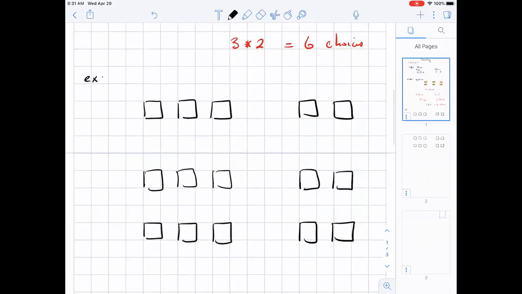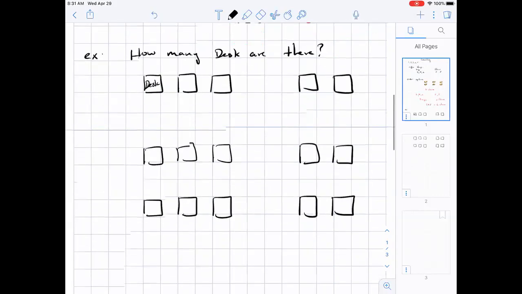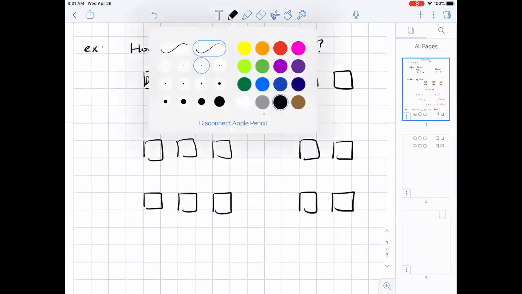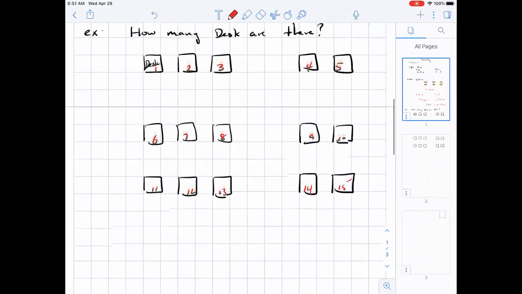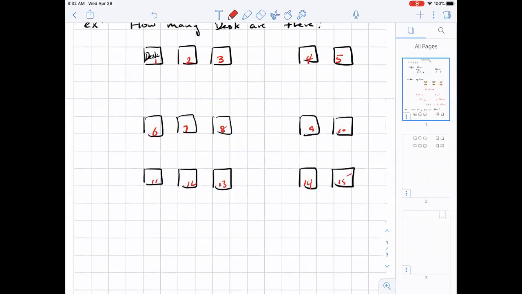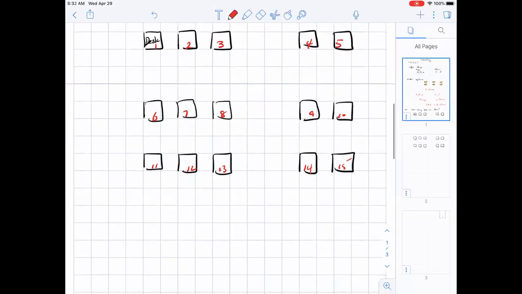Each one of these represents some desk and chairs. And if I ask you how many desks there are, one way to do this is to physically walk around and say 1, 2, 3, 4, 5, 6, 7, 8, 9, 10, 11, 12, 13, 14, 15. That's one way of doing it. But can you imagine if you had a very, very large room? This will take some time.